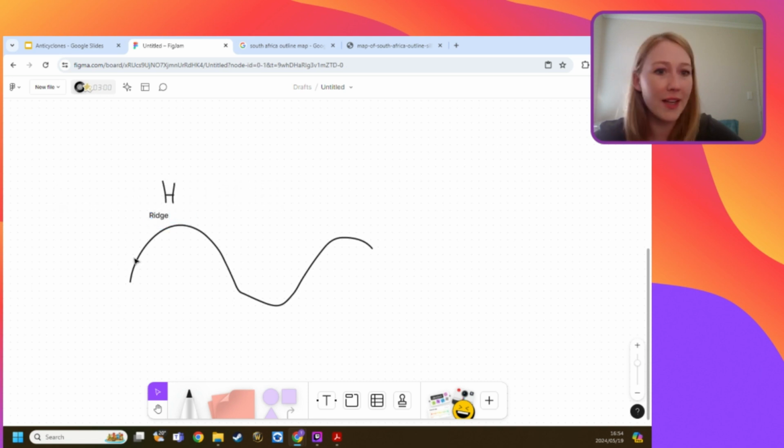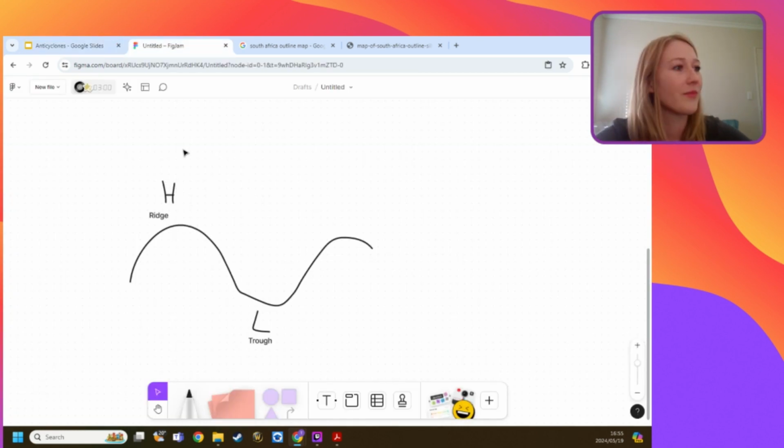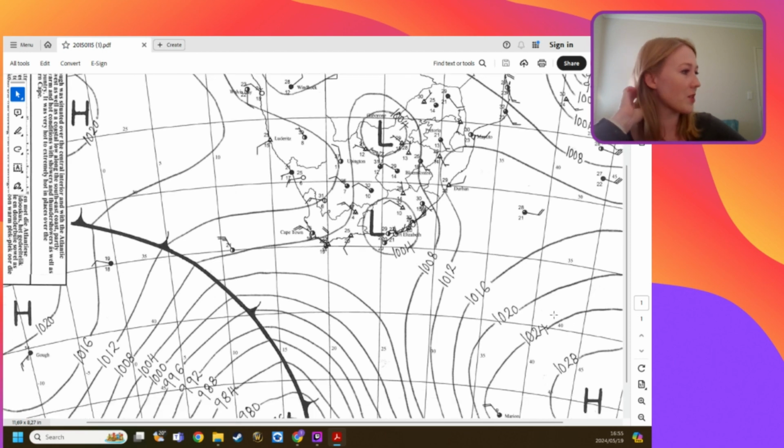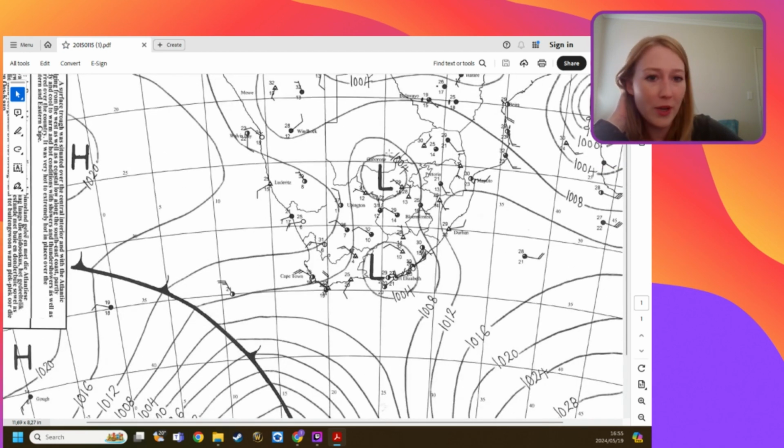So where it's high, like at the top of a hill, it is a ridge. Where it's low, it is a trough. So large high pressure cells like this one that we had over here, this large oblong high pressure cell, that would be a ridge. This one over here, that one as well. And then this low pressure cell in between them would be the trough.